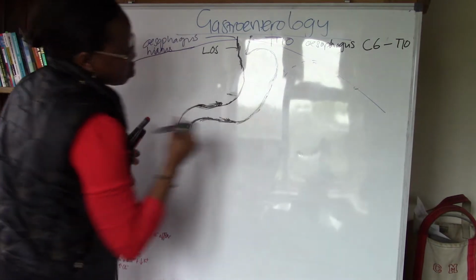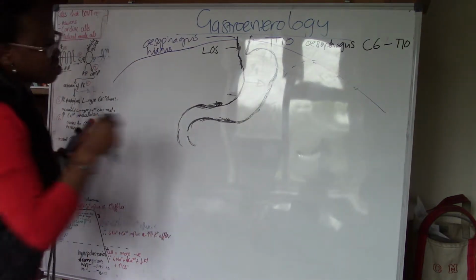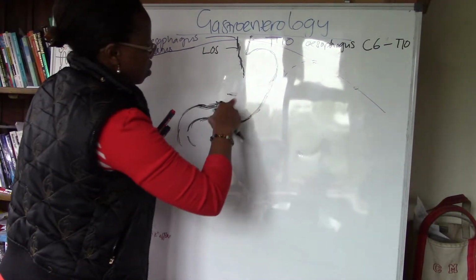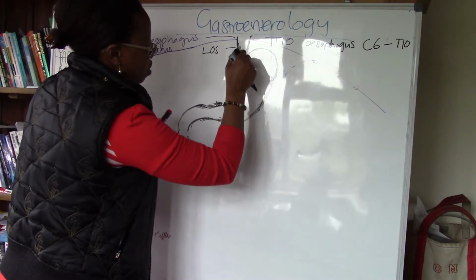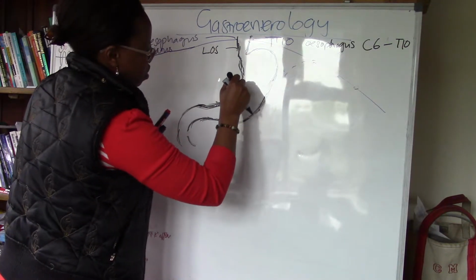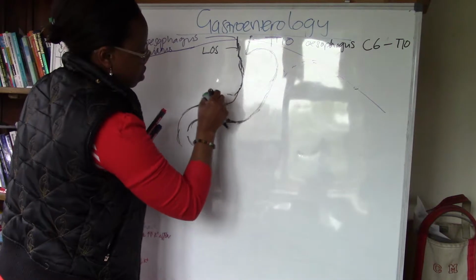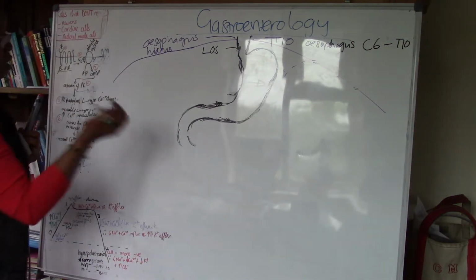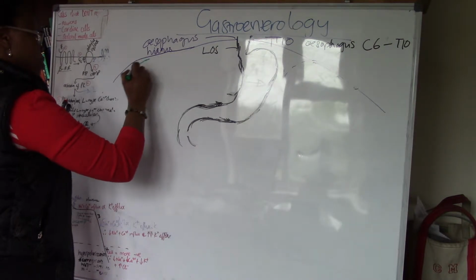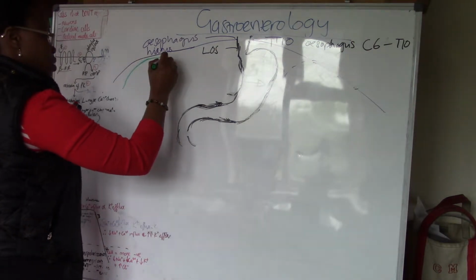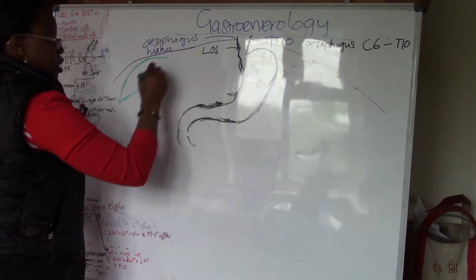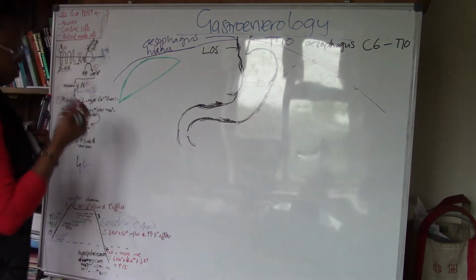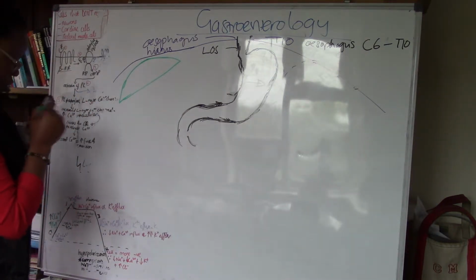Not the best looking stomach ever, but really this is just for illustration purposes, if anything. So the liver lies there, much larger than shown here, really, because it's for illustration purposes.